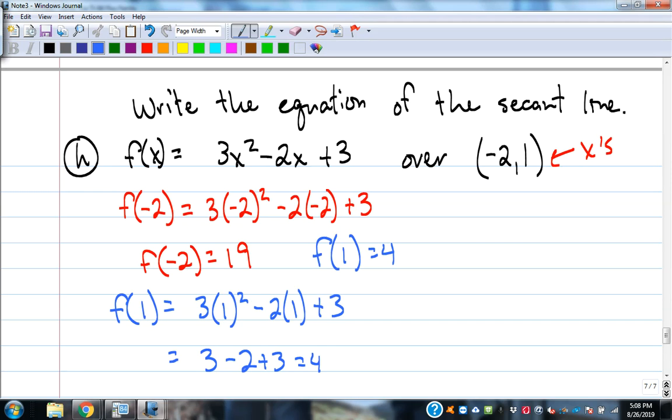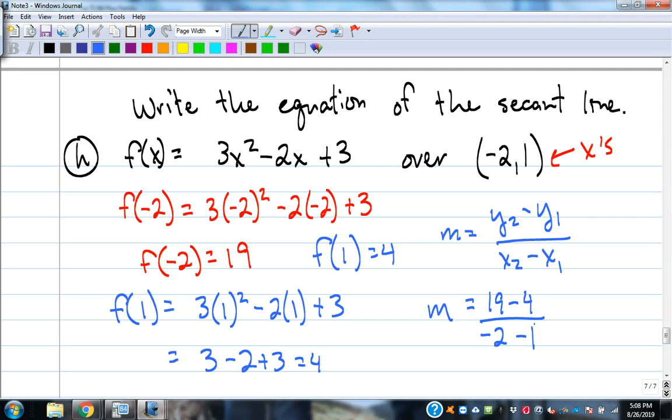I've got the ordered pairs. The next thing I need to write a secant line is the slope. y2 minus y1 over x2 minus x1. Doesn't matter what order you start with the y values as long as you keep the x values in the same order. So I'm going to start with 19 minus 4, and that means I have to do -2 minus 1 on the bottom.